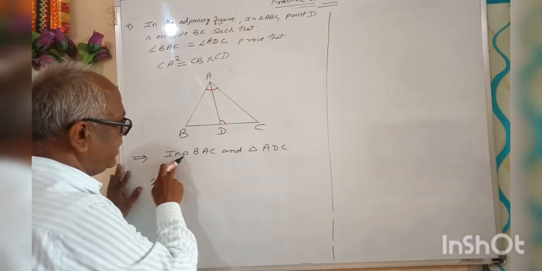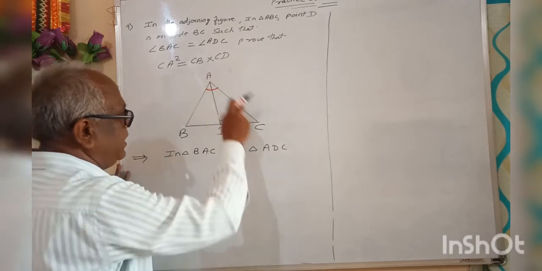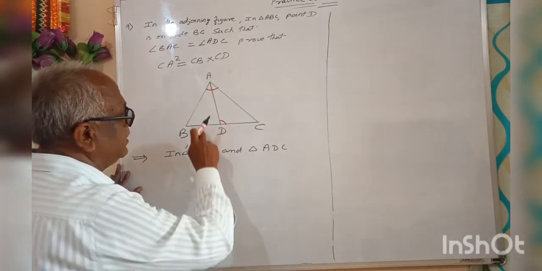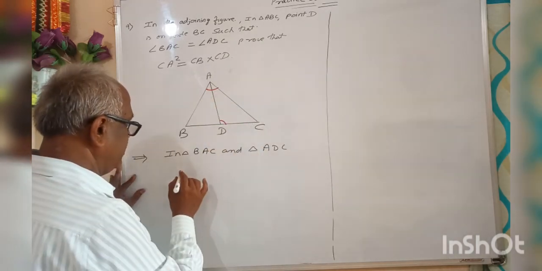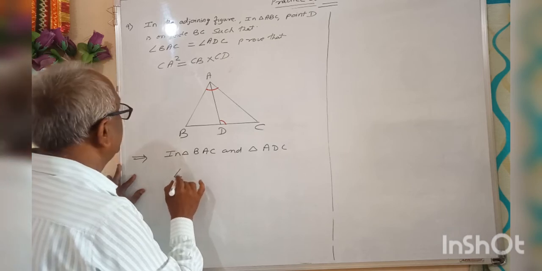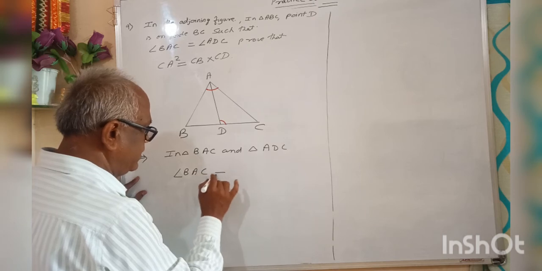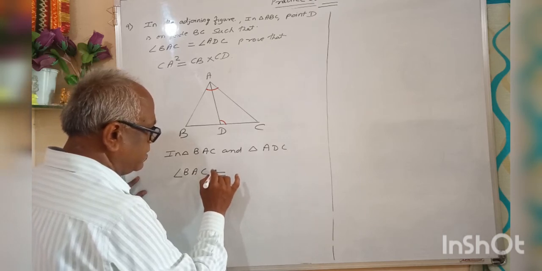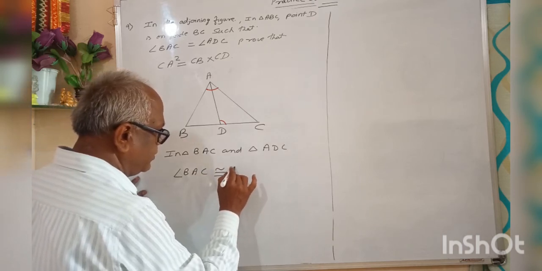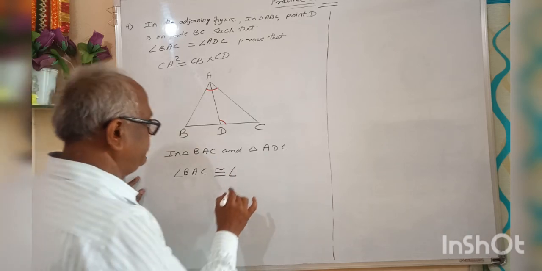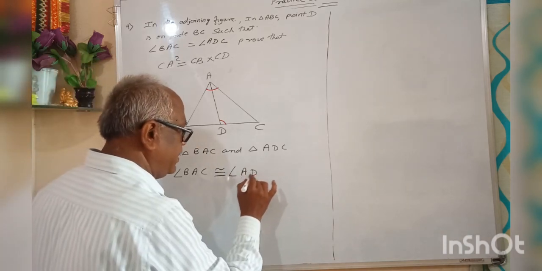Now, in triangle BAC and triangle ADC, it is given that angle BAC is congruent to angle ADC.